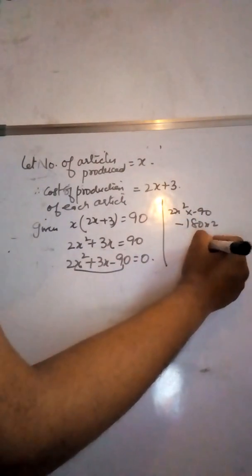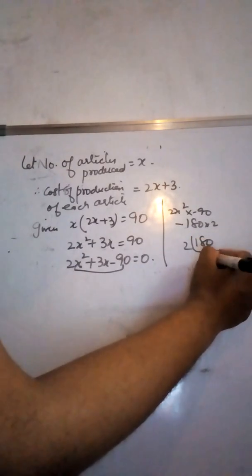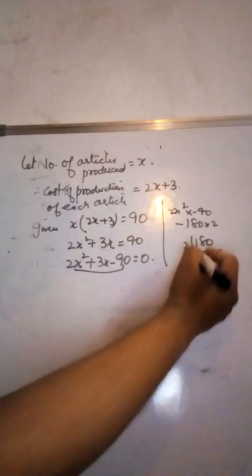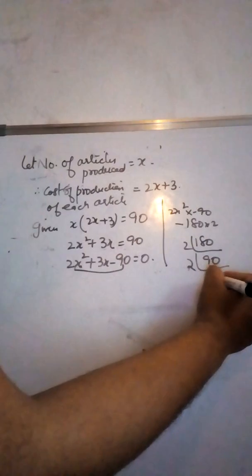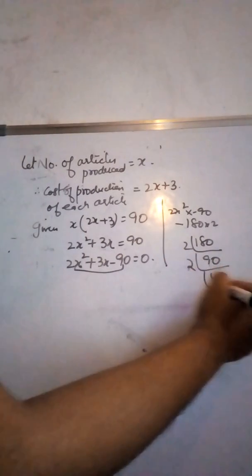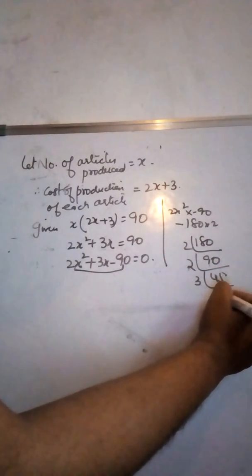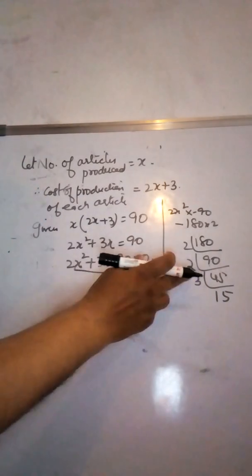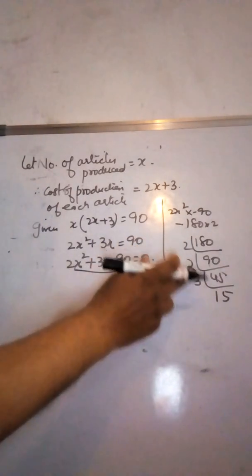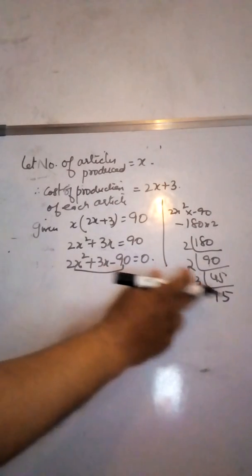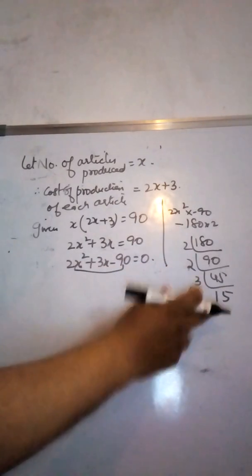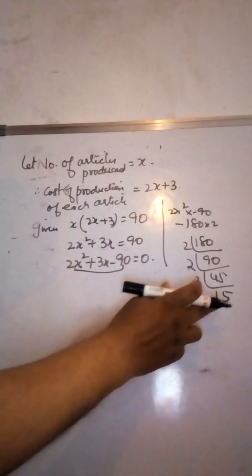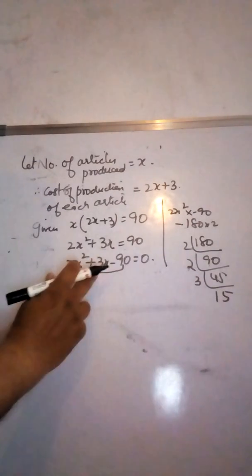So we'll see the factors of 180. 2 into 90, 90 minus 2 is not possible, we are not getting the middle term. 2 into 45, not possible. Now 3 into 15. So you see here 2 into 2 is 4, 4 into 3 is 12.